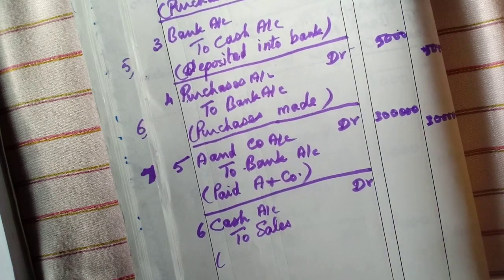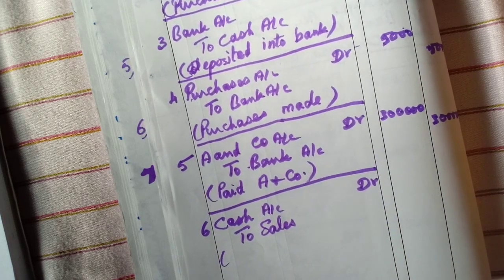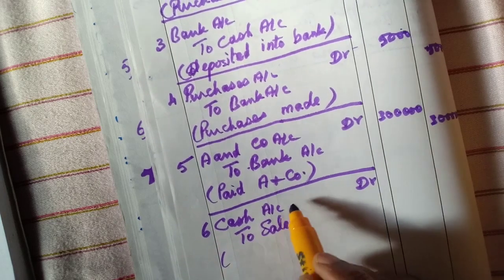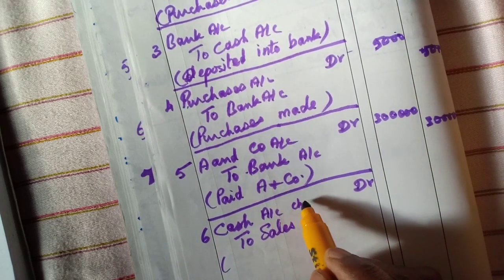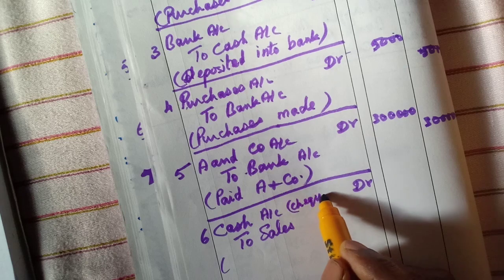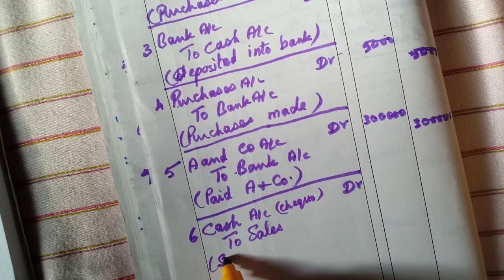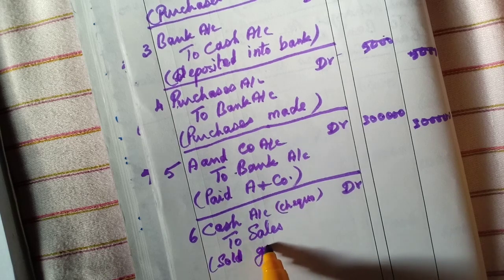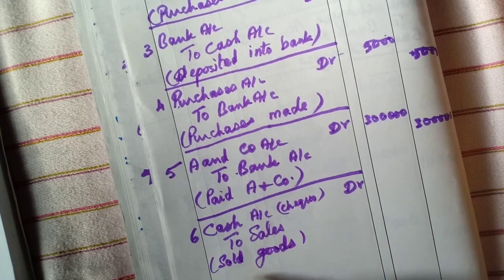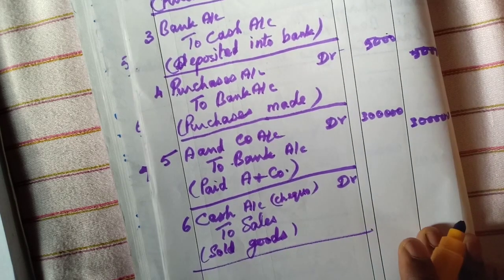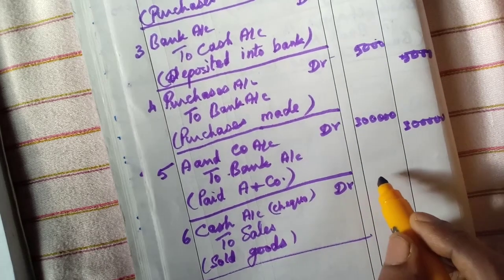Here we have received the check, but we should not write check. Instead we have to write cash only. Sold goods, or goods sold. How much amount? 50,000.